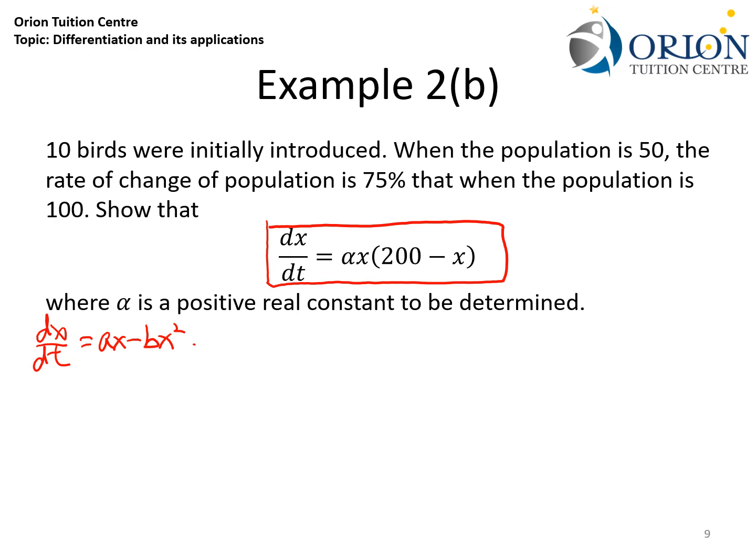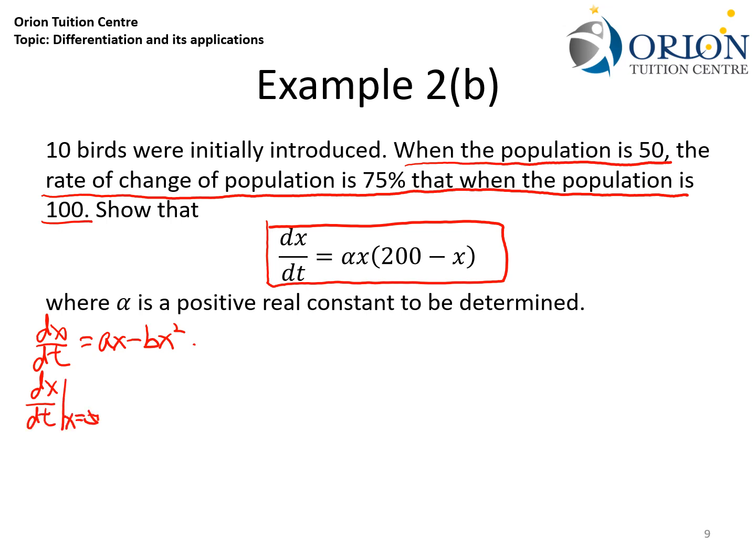So the clue that we are going to use now is when the population is 50, the rate of change of population is 75% of that when the population is 100. What that means is dx over dt when x is equal to 50 is going to be 3/4, 75% is 3/4, of dx over dt when x is 100.